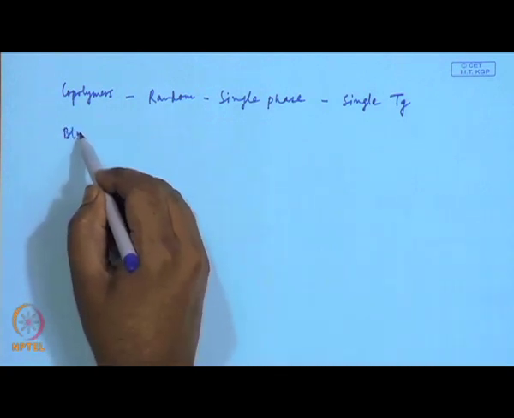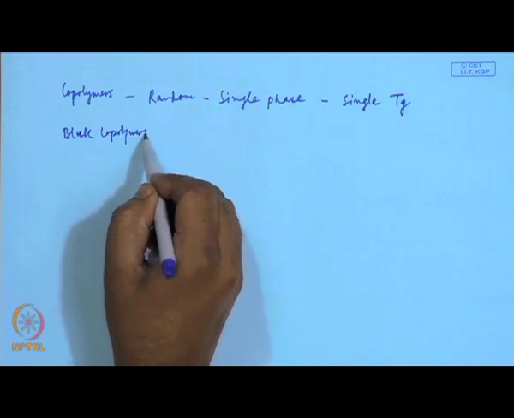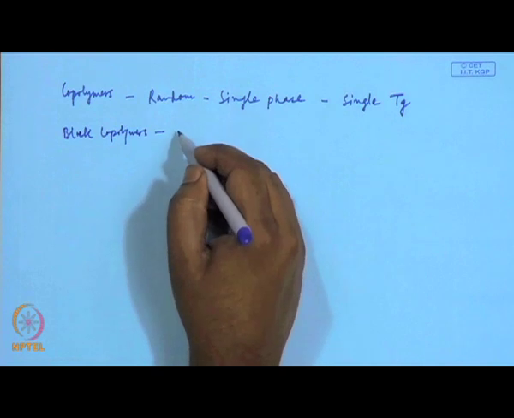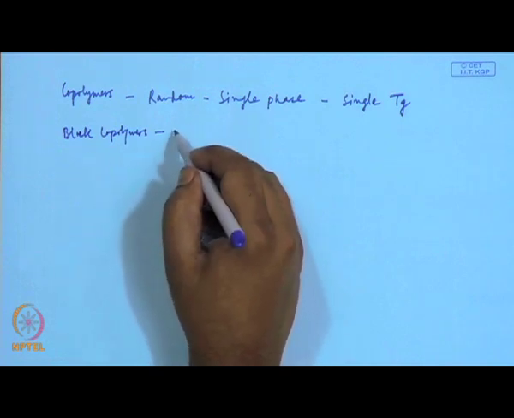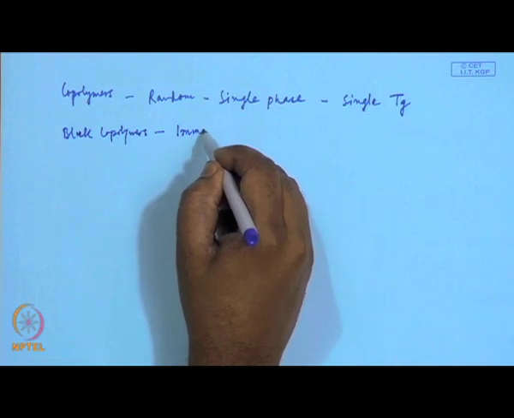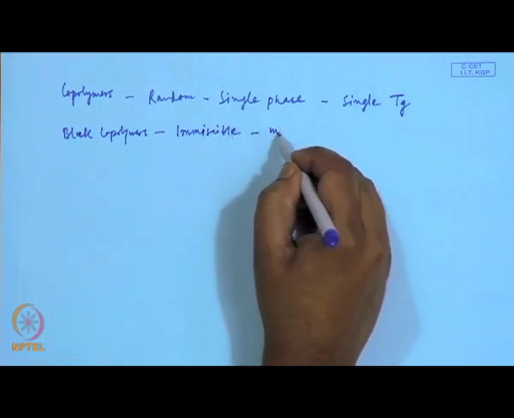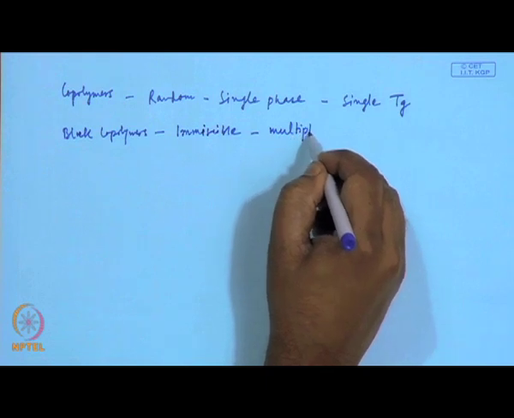If you have a block copolymer, and the blocks involved here are immiscible with each other, then you have multiple phases.